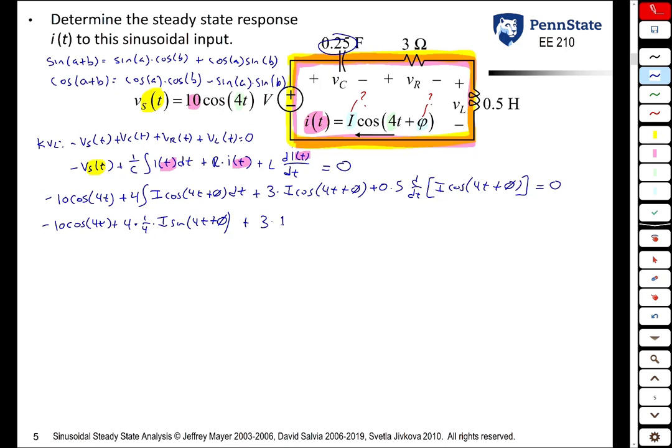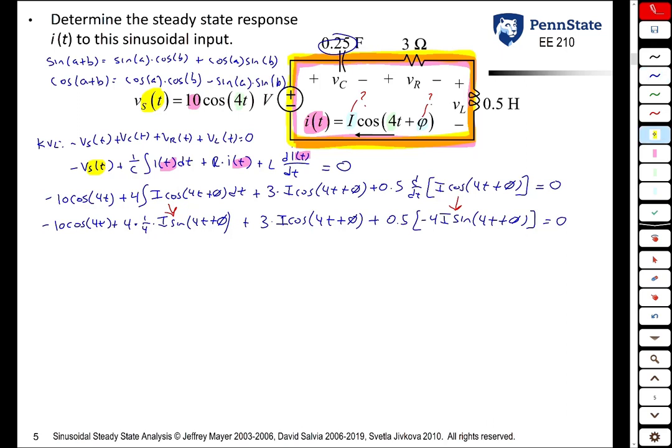This term doesn't change at all. The derivative of a cosine is a negative sine, and once again that frequency 4 comes out. So it's going to be plus 0.5 times minus 4I sine 4t plus phi. And all that equals 0. So in other words, the integral becomes that, the derivative becomes that.